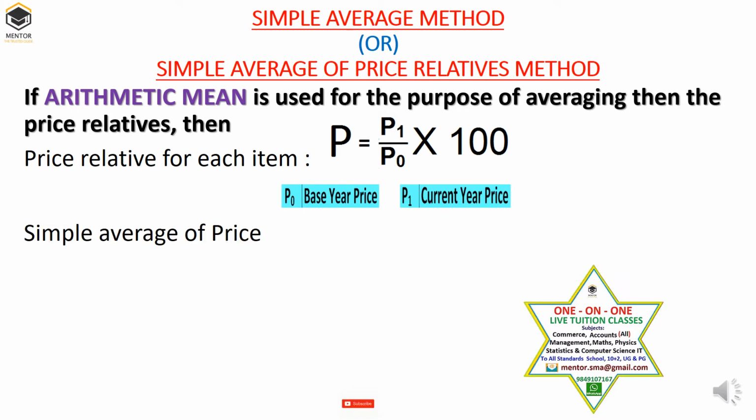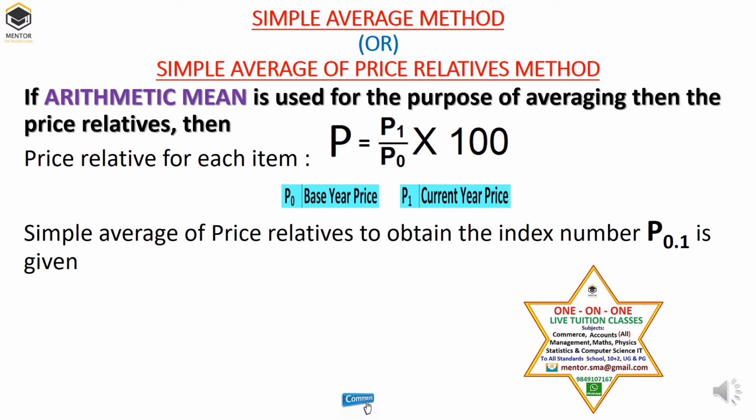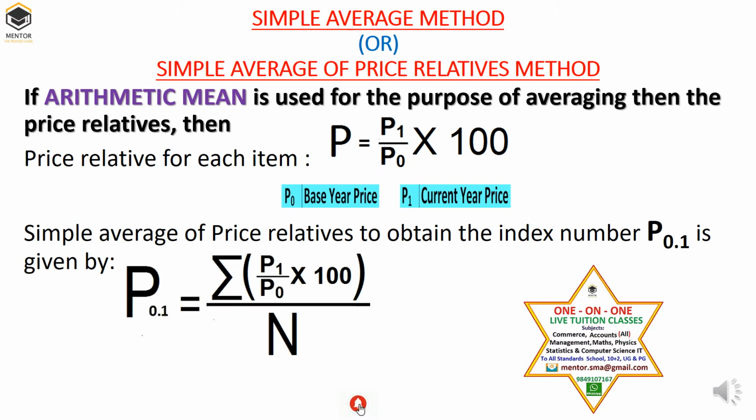So the simple average of price relative to obtain the index number P01 is given by the formula P01 = summation of P1 by P0 into 100, divided by N. This is the formula of arithmetic mean under the simple average of price relative method. How do you read this?